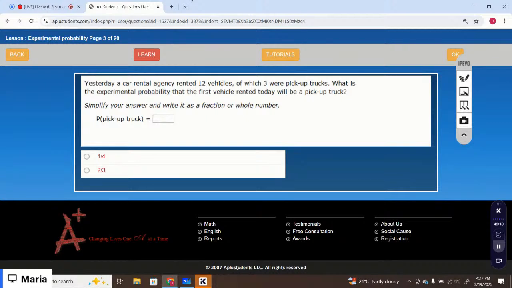What is the experimental probability that the first vehicle rented today will be a pickup truck? That is 1 by 4. Option number 1 is the correct option.